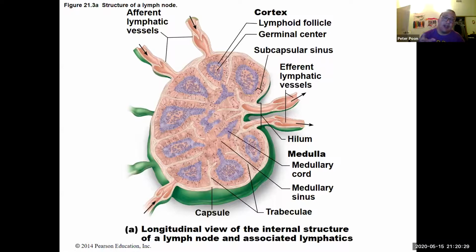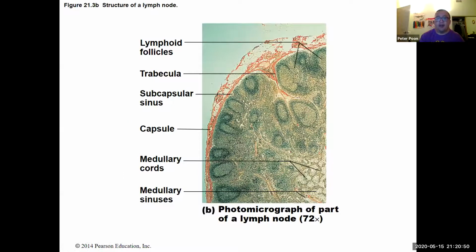In the germinal center, there are just white blood cells minding the business, and if a virus or bacteria flows past, if they're able to recognize it, they can mount the immune defense against it. So that's what's happening. This is actually the lymph node.